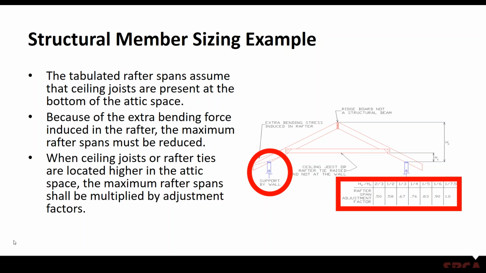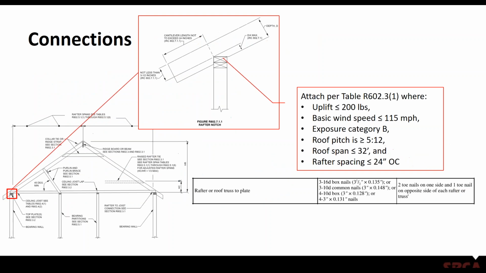So again, the spans that are included in the rafter tables are limited in terms of how far you're allowed to span and where that rafter tie is located. The assumption is it's right at the bottom.